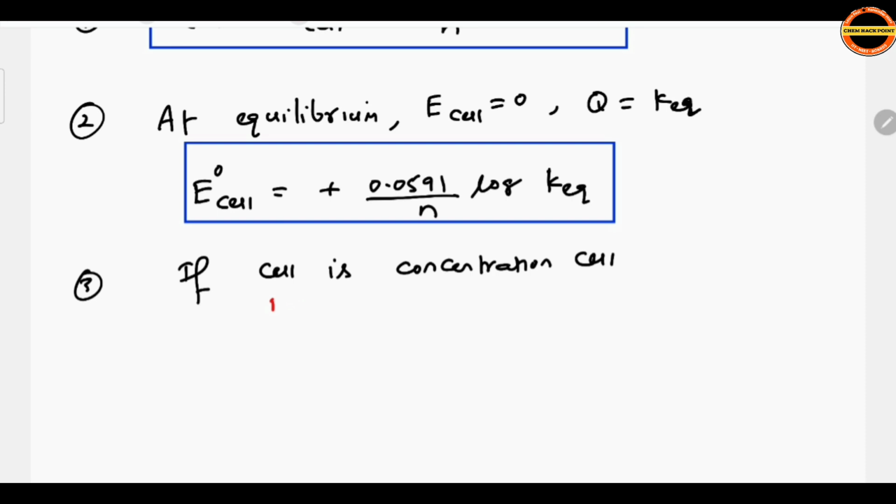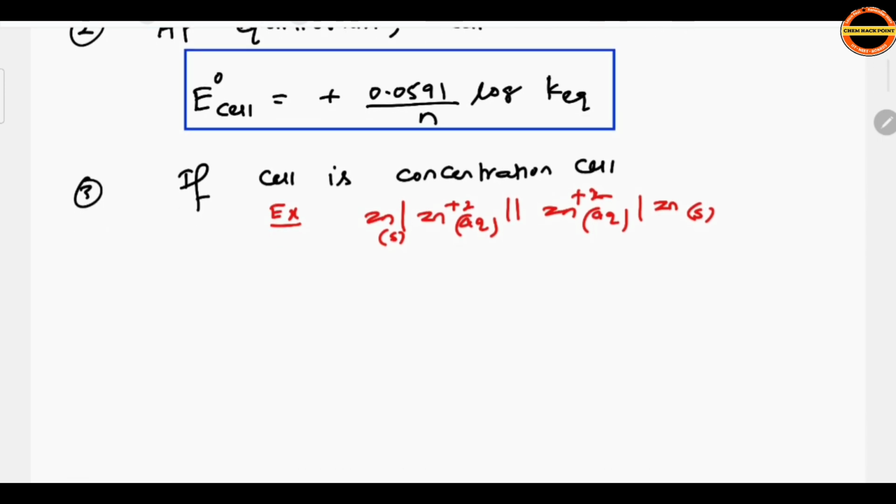For example, if I take one example for better understanding, see here: zinc plus 2 aqueous, zinc solid. Even the reduction part: zinc plus 2 aqueous, zinc solid. So here anode as well as cathode both are the same, both made up of the same material.